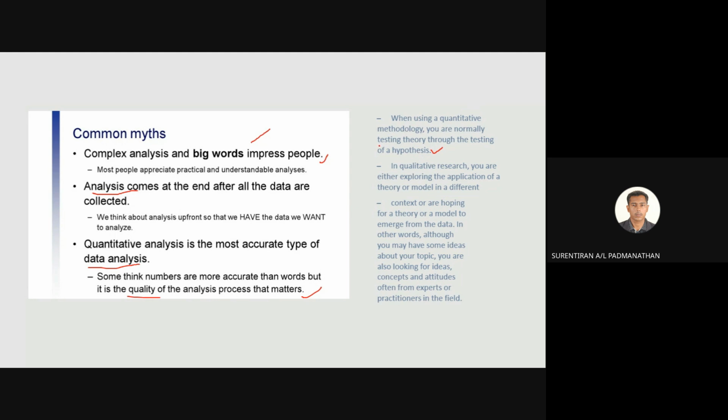In qualitative research, you are either exploring the application of a theory or model in a different context, or hoping for a theory or a model to emerge from the data. In other words, although you may have some ideas about your topic, you are also looking for ideas.